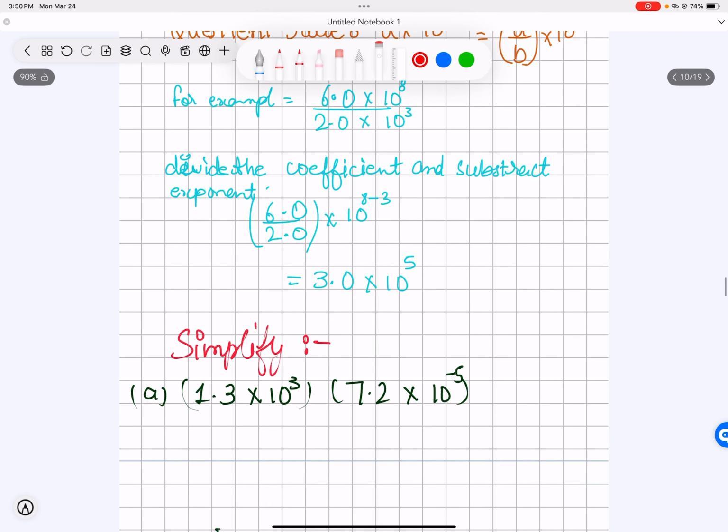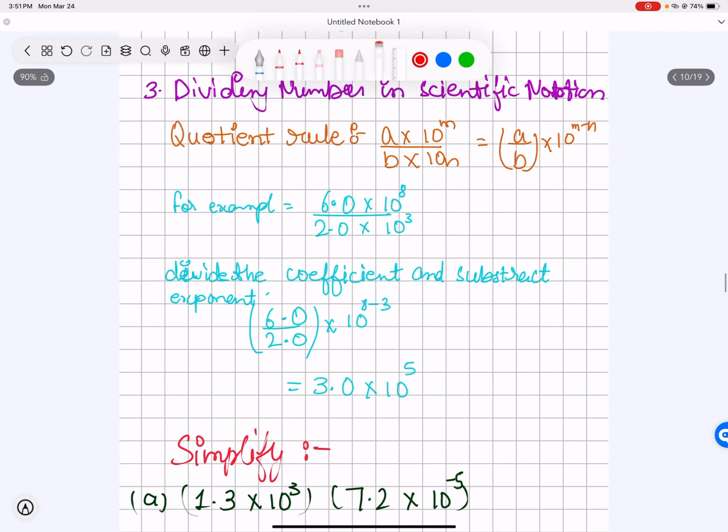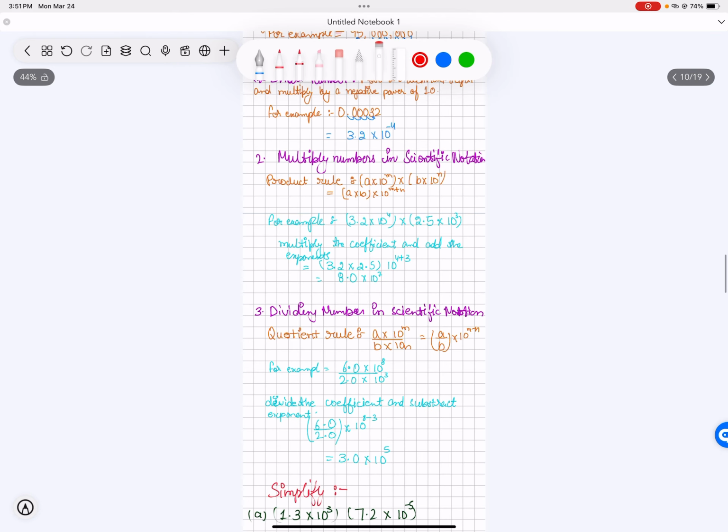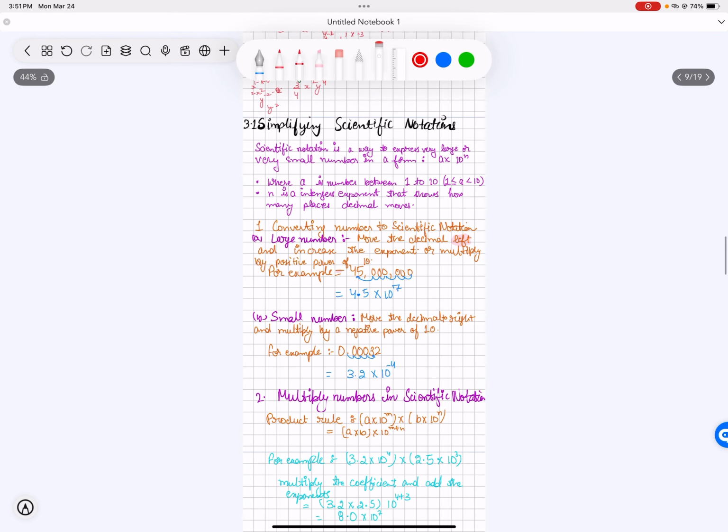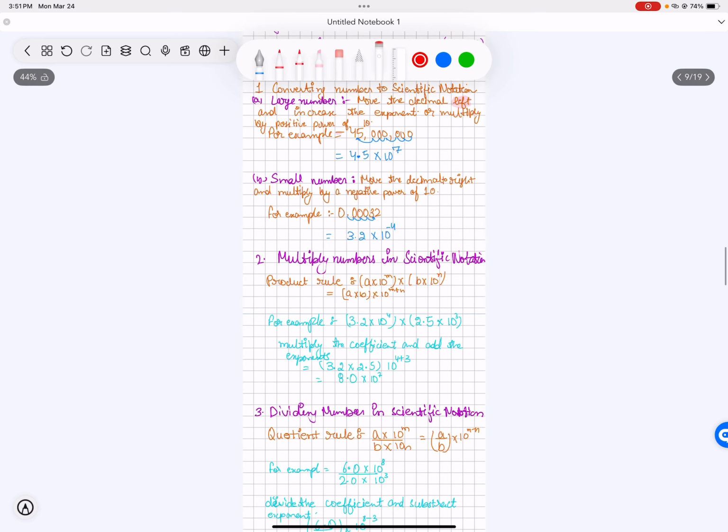So here we keep the exponents aside and divide the coefficients, and we get 3.0 times 10 to the power 8 minus 3, which is 10 to the power 5. So that is how we solve and simplify scientific notation.